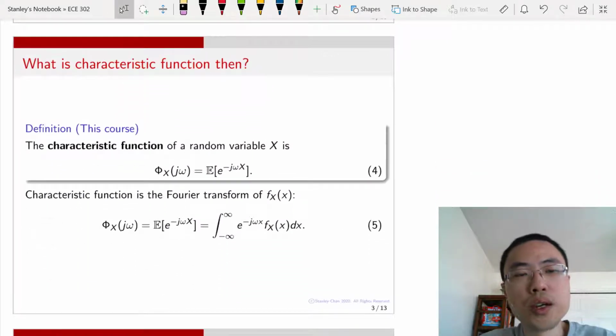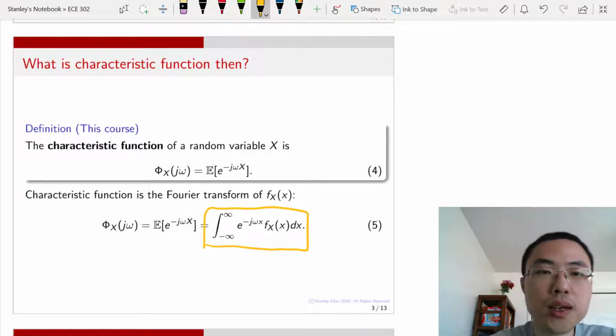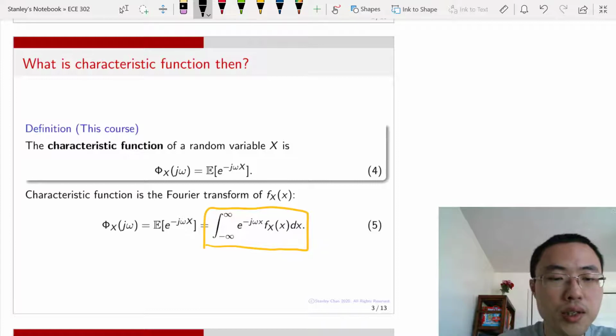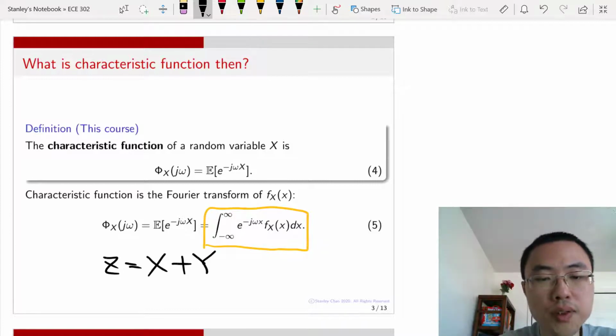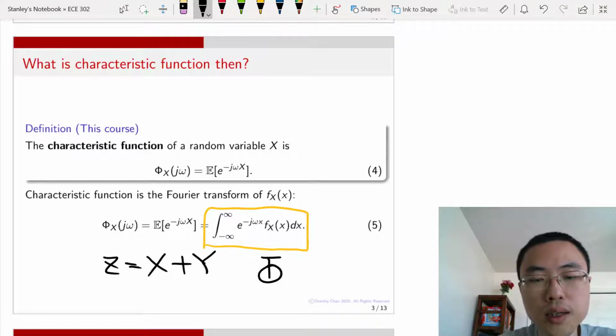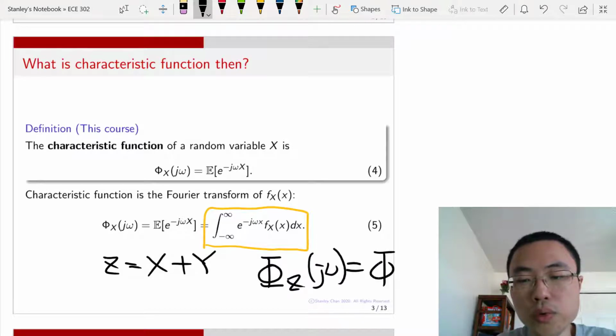So how do we understand the characteristic function? As I said, the characteristic function for a PDF is really defined as the Fourier transform. As a result, if you have z equals random variable x plus random variable y, then the characteristic function of z at j omega would be equal to the characteristic function of x at j omega times the characteristic function of y at j omega.